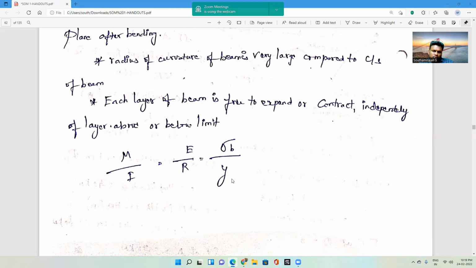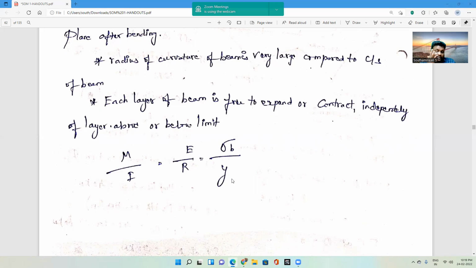So the beam freely expands and contracts within the elastic limit, so its performance will be at an elastic level.